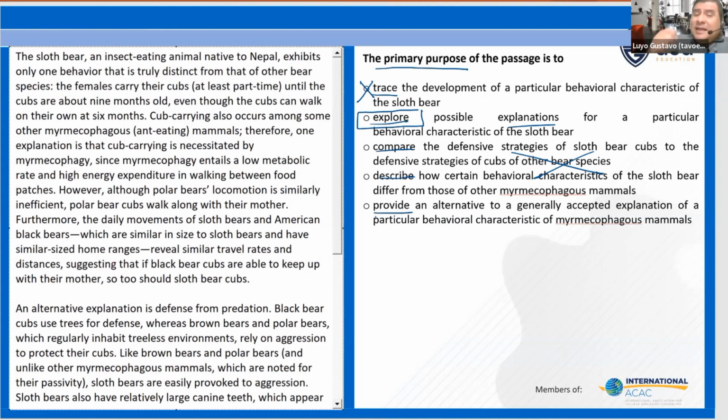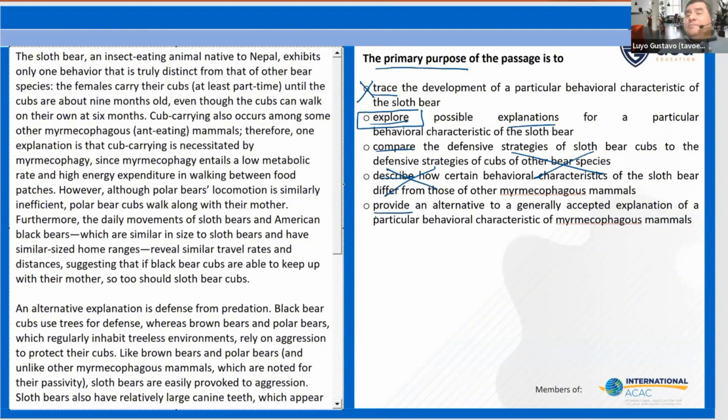But this is done only in the service of explaining why the sloth bears engage in cub carrying. So the main function of the passage is not to describe these differences. It's actually to explain the behavior of cub carrying. So that's why this is also crossed out.